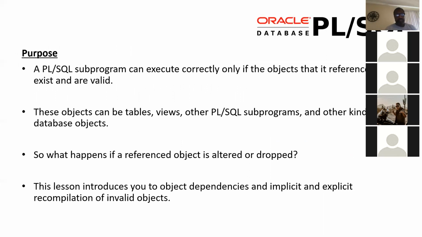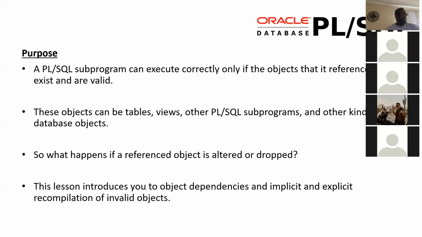All right, so the purpose, basically, in a PL SQL subprogram, if you execute it correctly, basically you won't run into failures because something has changed. And generally, you have to remember that objects are objects in your database, and most of the database systems will have functions in place to ensure you're not running into certain types of dependencies.